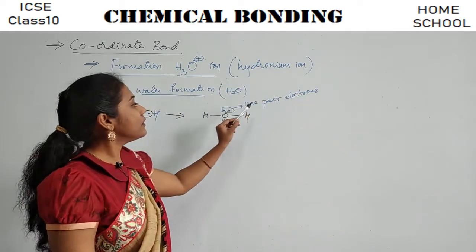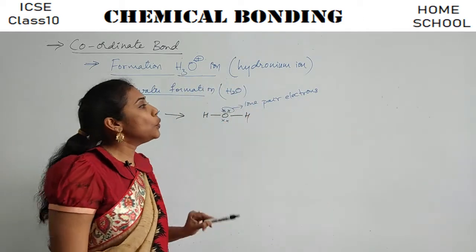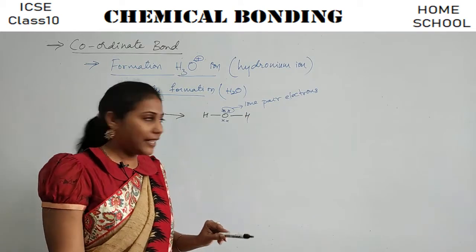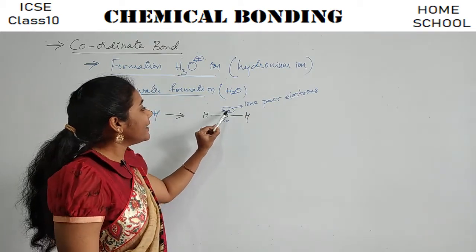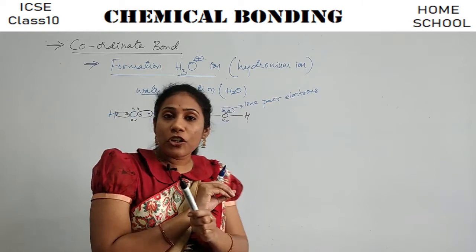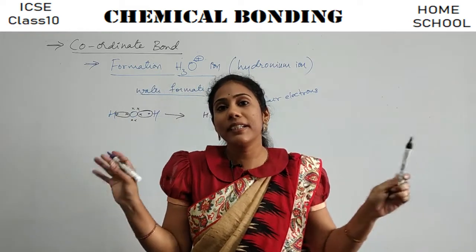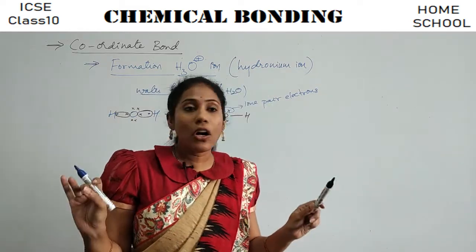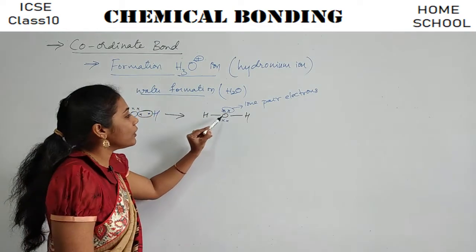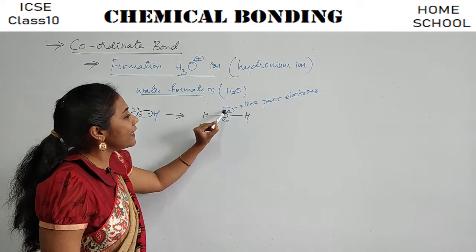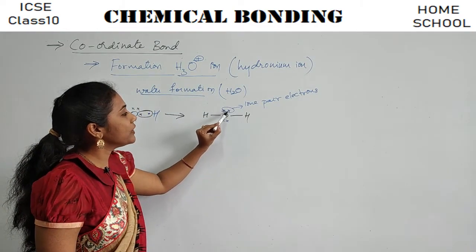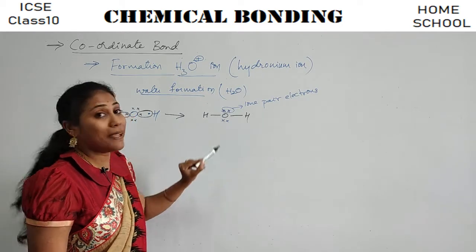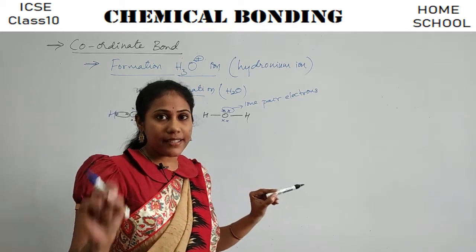I explained in the previous video, when I told about covalent bond formation, about this lone pair also, right? So the electrons which are not shared on a particular atom are called lone pair. Here oxygen has how many lone pairs? 1 and 2. Pair in the sense 2 electrons, isn't it?